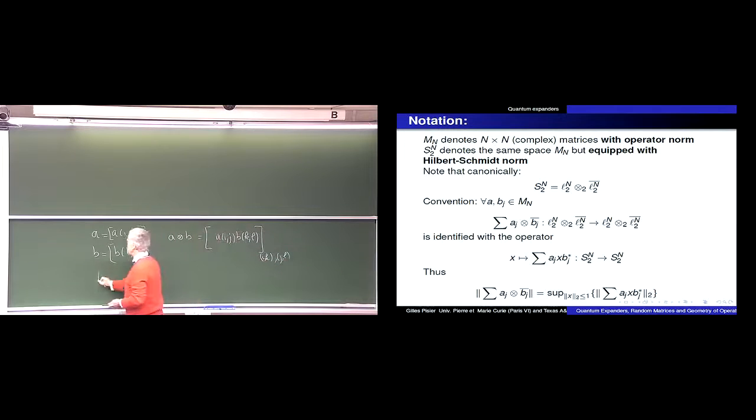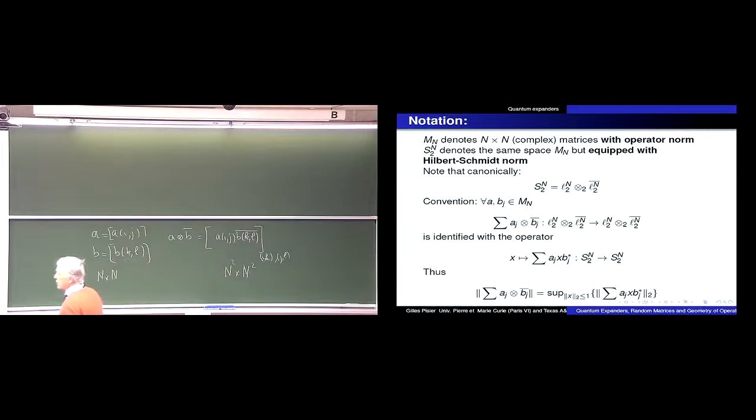So these matrices are n times n, and now this matrix is n squared times n squared. And I will constantly use expressions like this, which just means that I take the complex conjugate here. So everything is very simple, you have all this explicit.